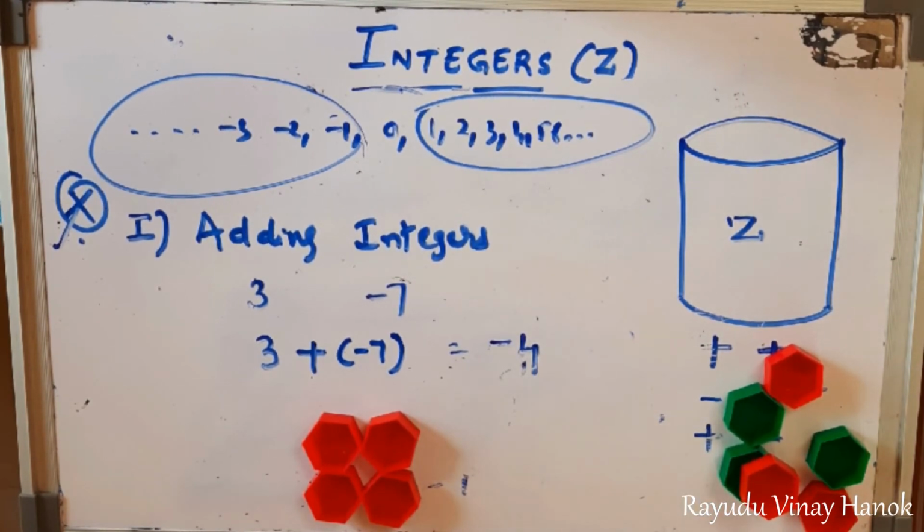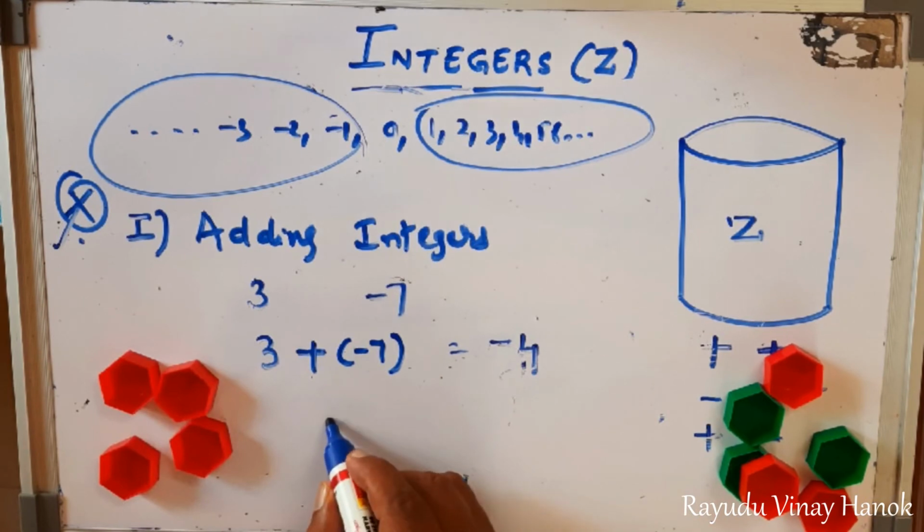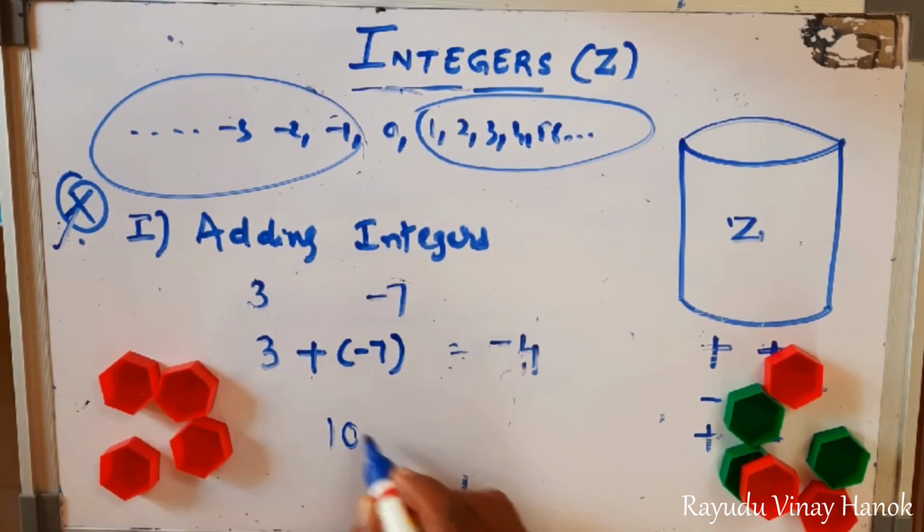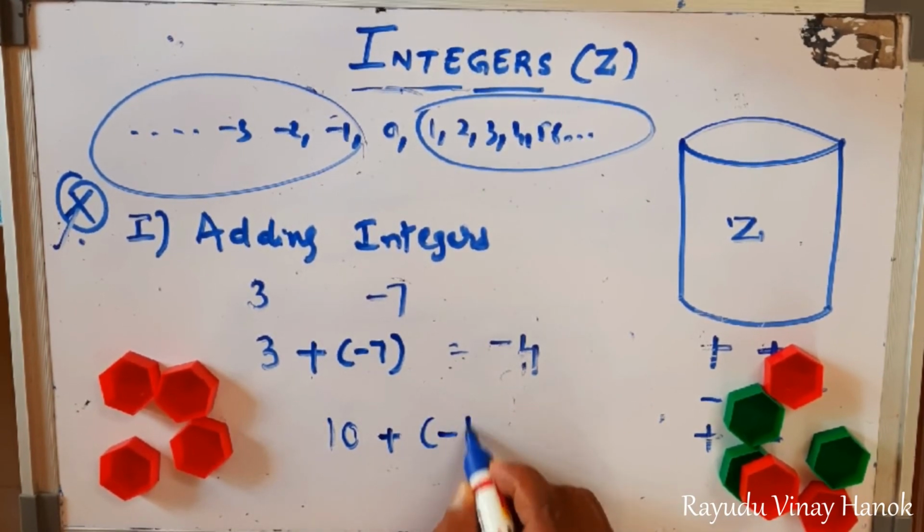This is very important. So this is the way we are going to do operations on integers. This is the first step, adding integers. Now we understood. So carefully observe these instances and develop them for big numbers. Suppose I give you 10 plus minus 15.